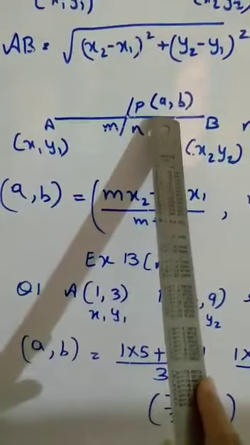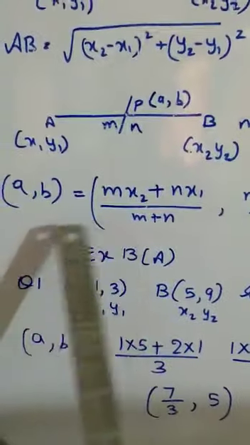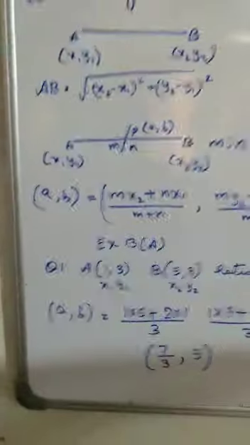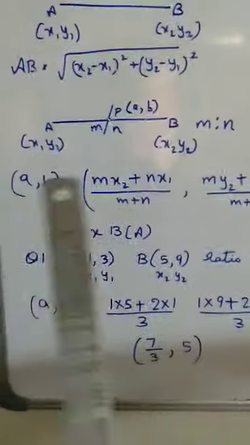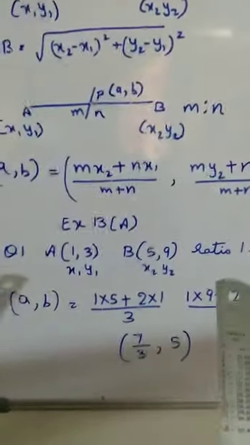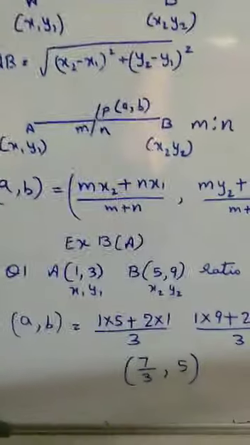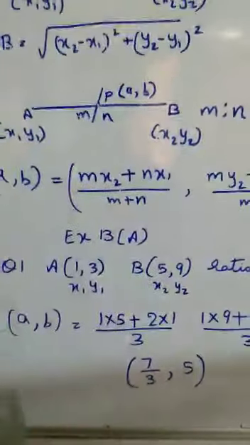Now if I have to find the coordinates a, b, we have to learn the section formula for that. I want you all to copy the section formula correctly and learn it like how you learnt your distance formula. Now what does the section formula say?